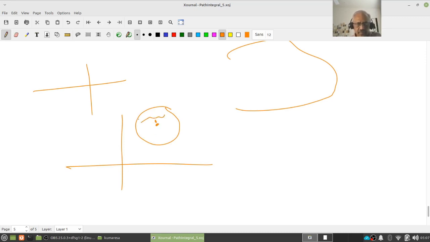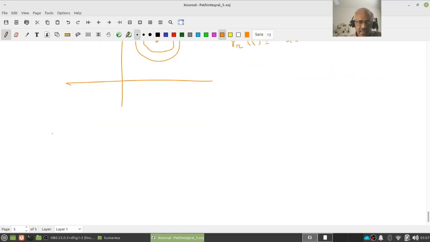The first thing you should notice is, if you don't want this gamma, let us look at gamma r of t equal to a plus r e to the power i t, with r less than capital R. Now I want to know what is the integral of f over gamma r.